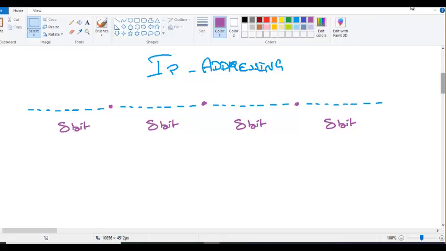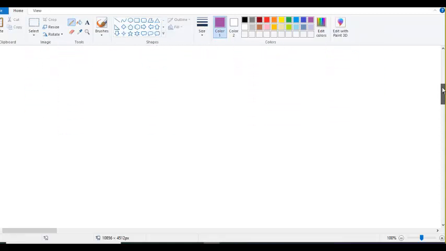How did they manage to have this 32-bit to achieve all these things, to reach this level? What did they do? First thing they did is classifying the address. Classifying. They classified into 4 different classes.